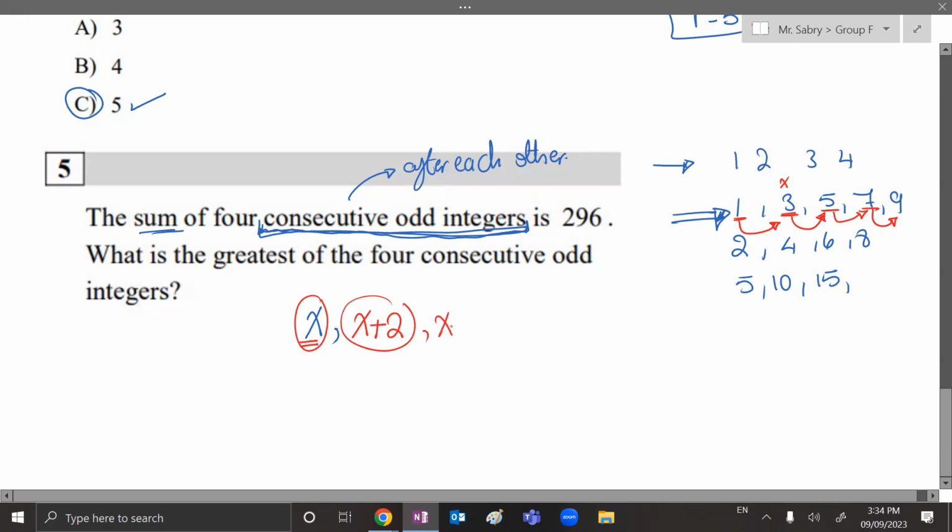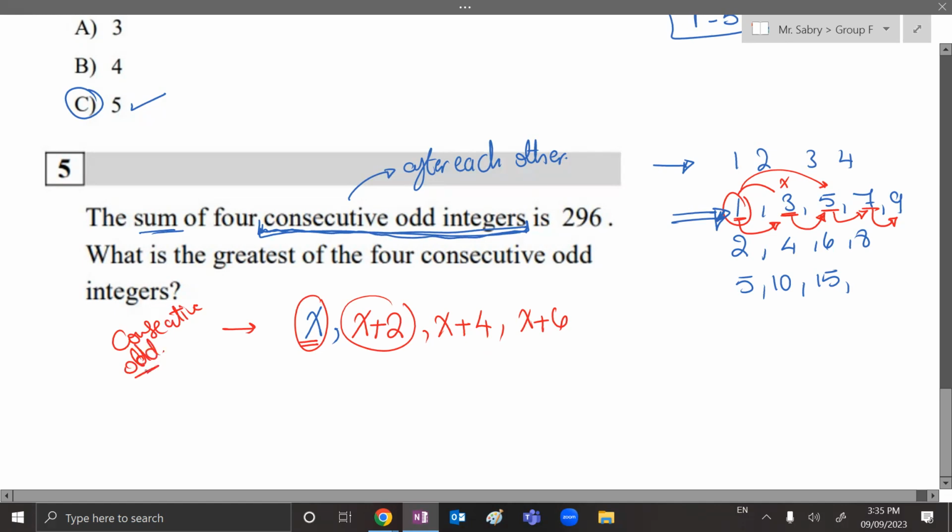And the one after that is x plus how much? 2 again? Yes, because how do I get from 1 to 3? I'll do plus 2. How do I get from 1 to 5? I'll do plus 4. So now it's x plus 4. And then if I need one more number, it will become x plus 6. So these represent consecutive odd integers, correct?